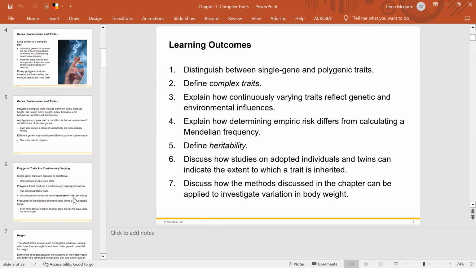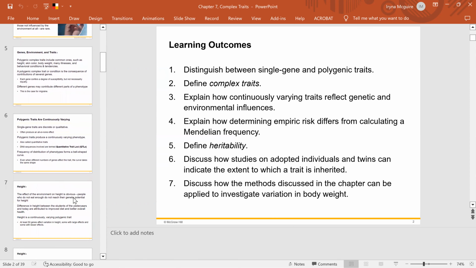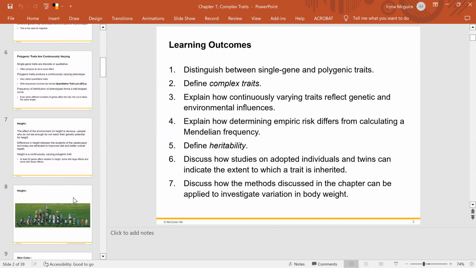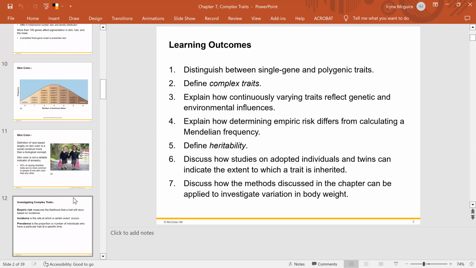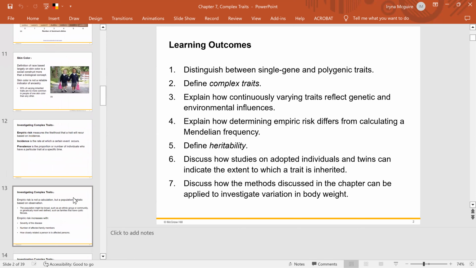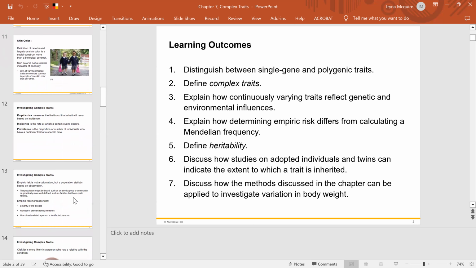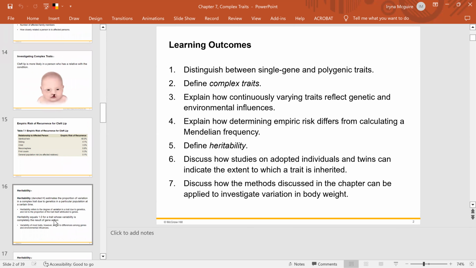Heritability determines what percentage of a variation is determined by your genes. So heritability estimates the proportion of variation in a complex trait due to genetic differences in a population.